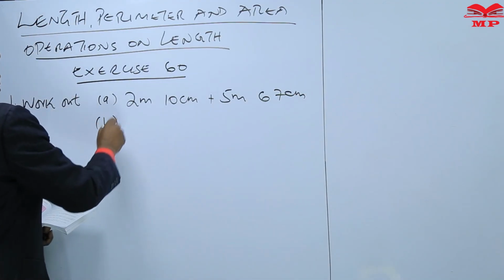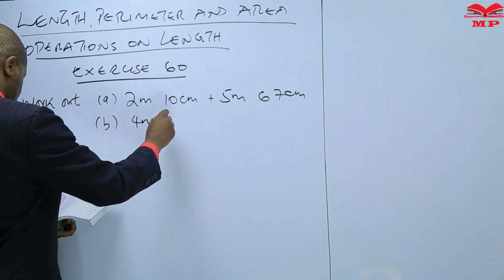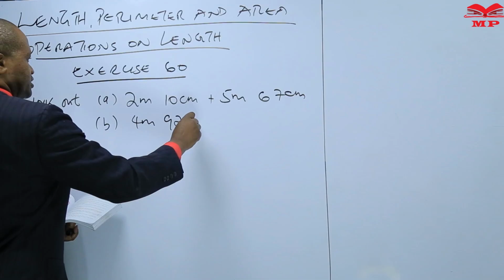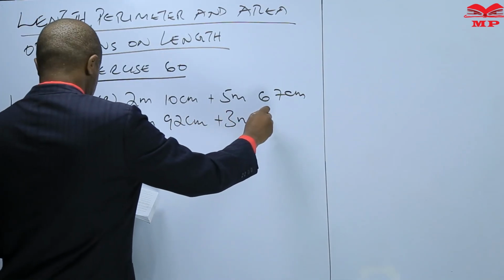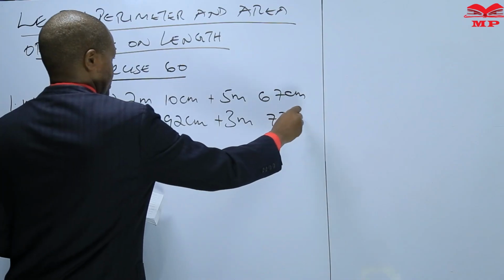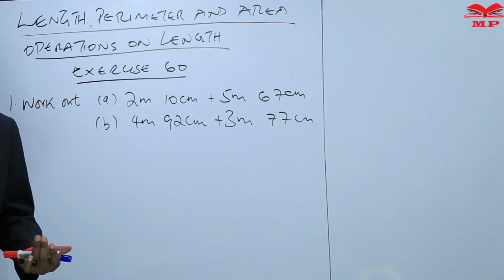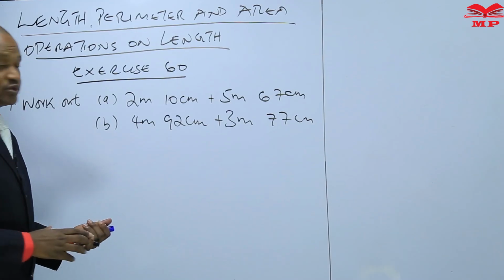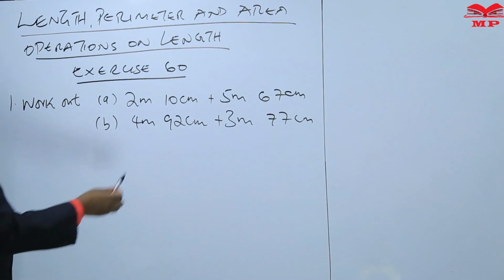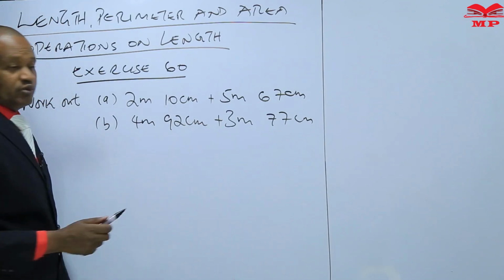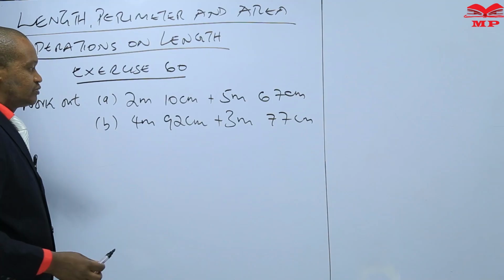Part B, 4 meters and 92 centimeters plus 3 meters and 77 centimeters. So learners, let us first work out these two problems. This is operation of addition. We will carry out also in part B, operation of addition.